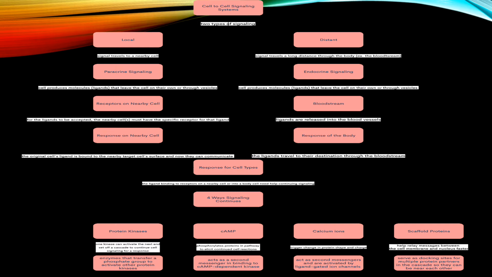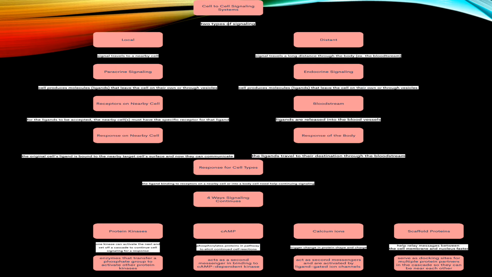And paracrine is local because we have communication with a nearby target cell in which the original cell is creating its own molecules called ligands. And once those ligands are released from that original cell, if the target protein has a receptor for that specific ligand, then that ligand can bind to that cell and elicit a response.